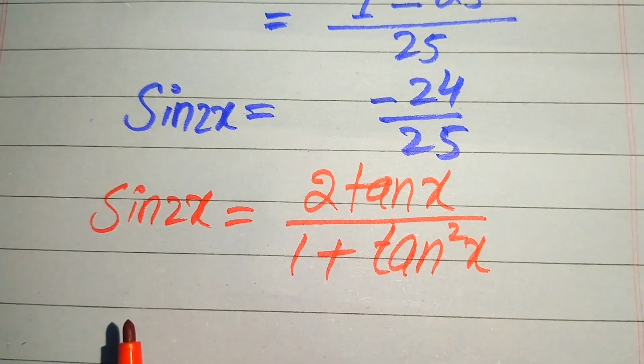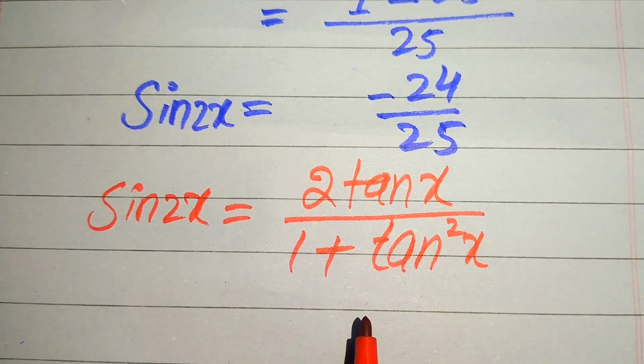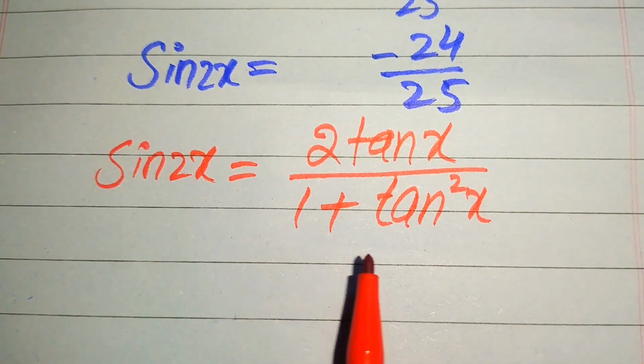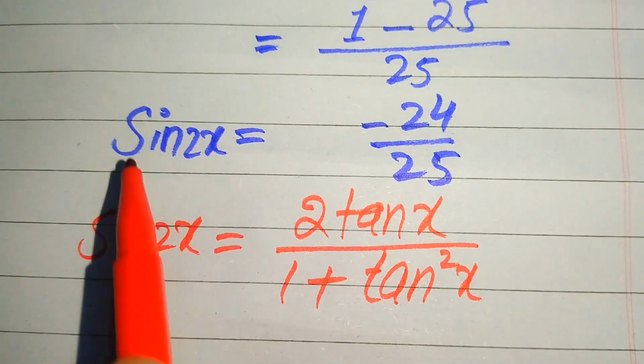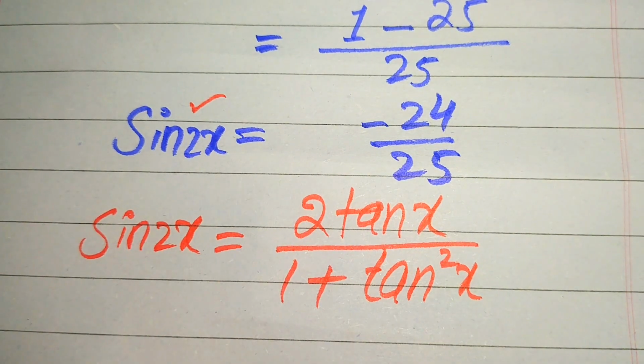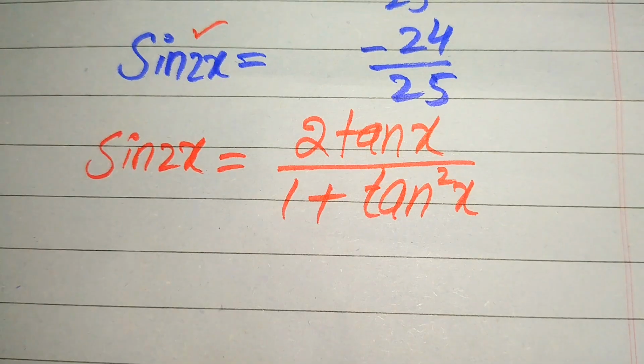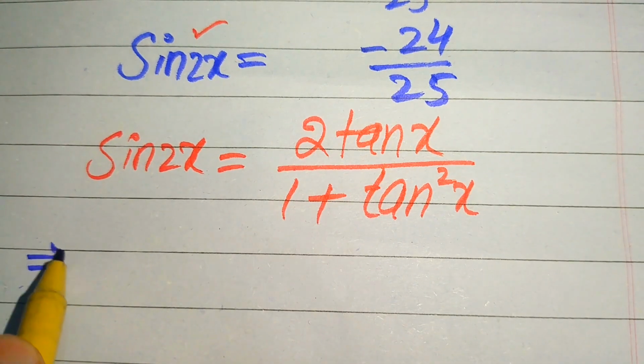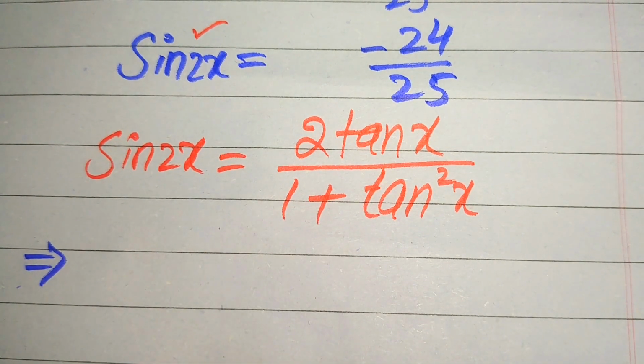This is the conversion of the double angle identity into the tangent form. So we replace sine 2x with this formula, and according to the formula we write the above equation in this form.